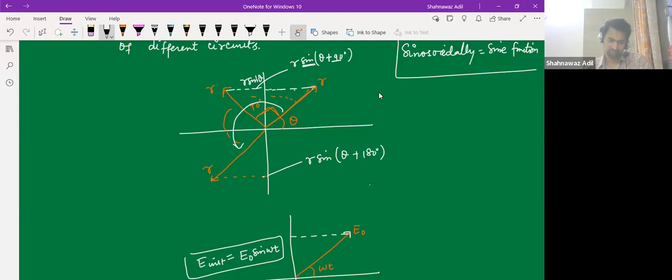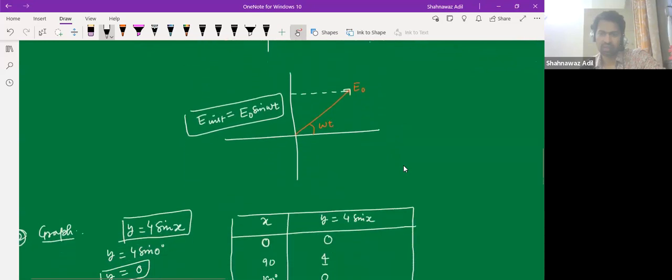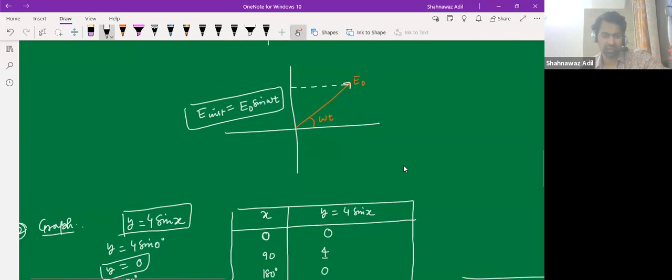Yes, sir, you can scroll up. So this is just to show how we can get the instantaneous EMF from this phasor.